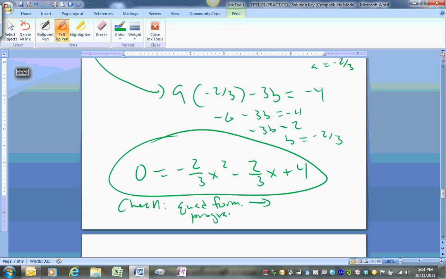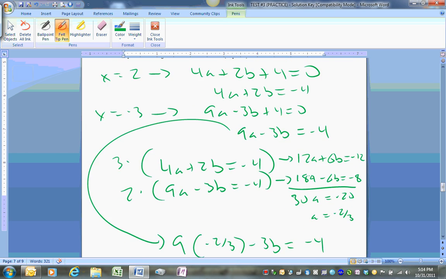So if I use my worthy quad form program in my calculator, and I'm not going to be a happy camper if this doesn't work out, because then I've got to figure out what I did wrong. Sick. That totally works. So negative 3 and 2. Very, very nice.